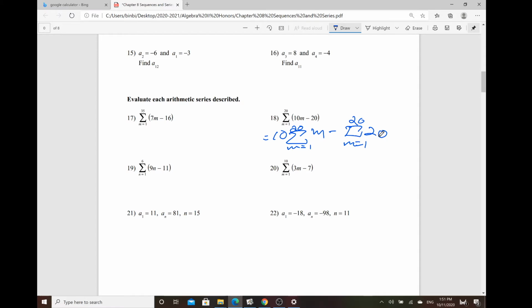What that means is that for 20, you want to add 20 consecutive times. And then for m, m equals 1, m equals 2, so you want to add 1, 2, 3, 4, 5, and so on, all the way to the 20th term.